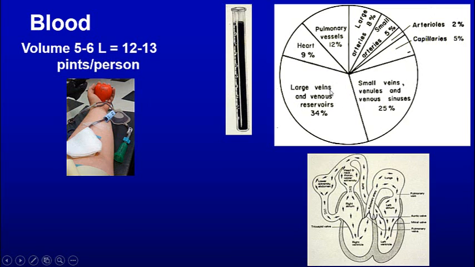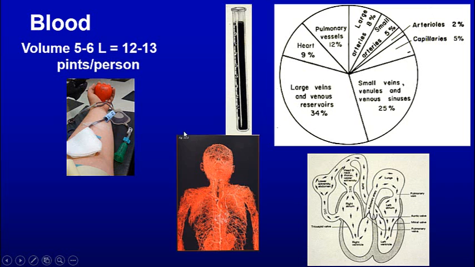So these are reserves, reservoirs, so you can pull the blood out. You can pull out a pint and it not be a problem, or you can bleed for a while and not bleed out because you're pulling from these reserves.